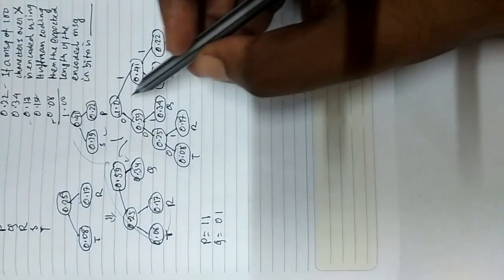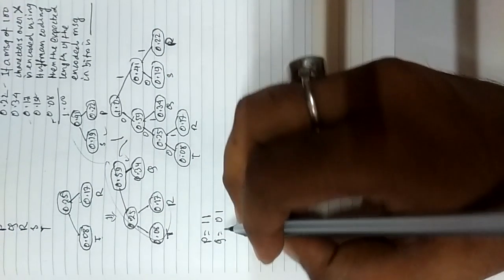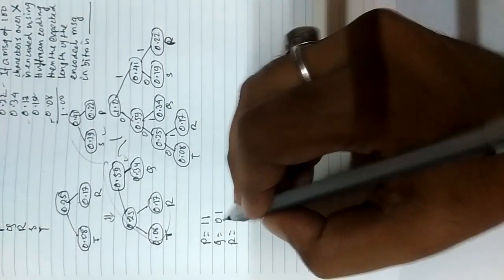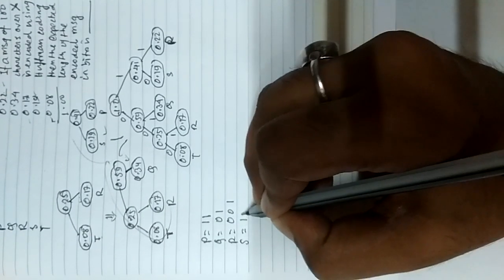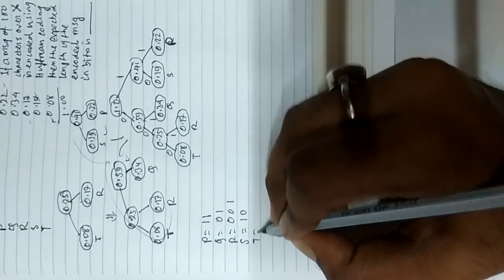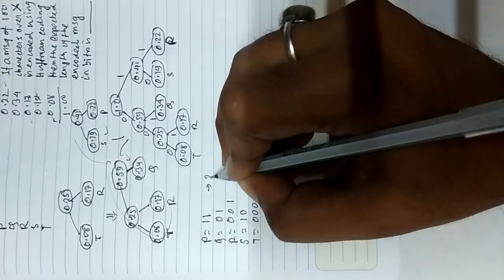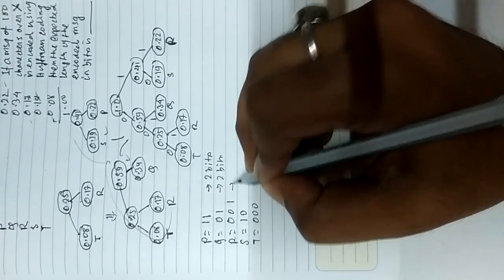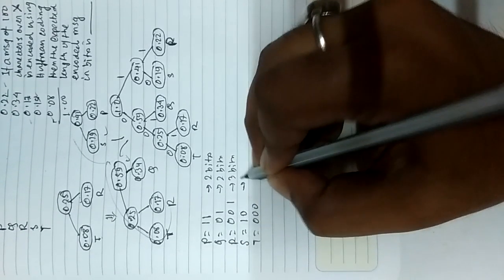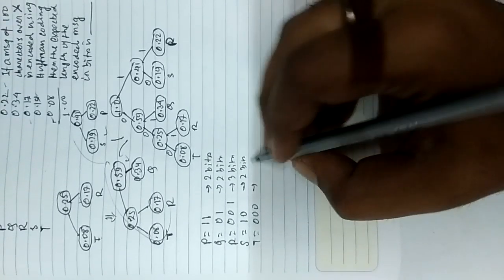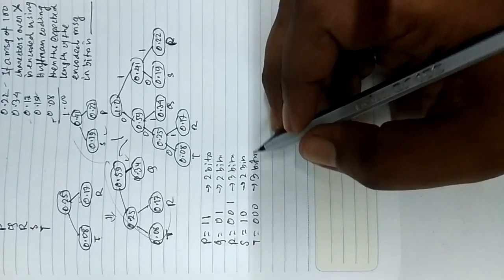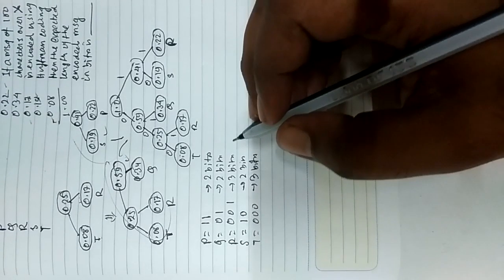R needs 3 bits, 0, 0, 1. Similarly S is 1, 0 and T is 0, 0, 0. So P requires 2 bits, Q 2 bits, R 3 bits, S 2 bits, and T 3 bits.